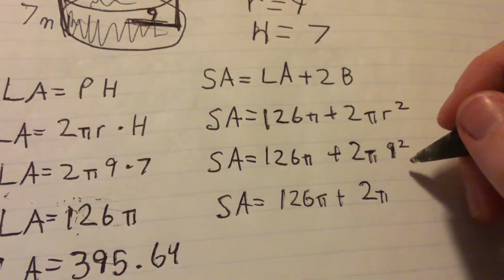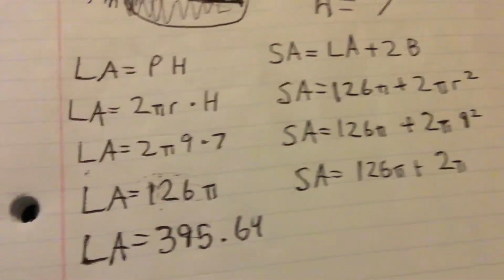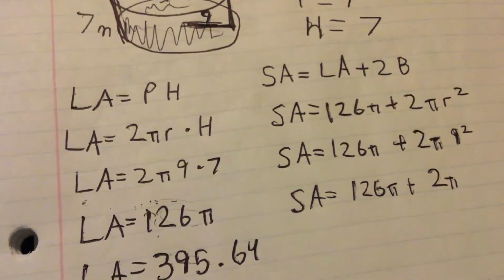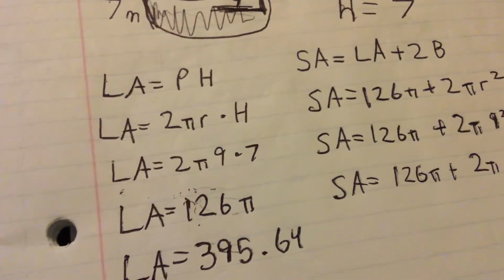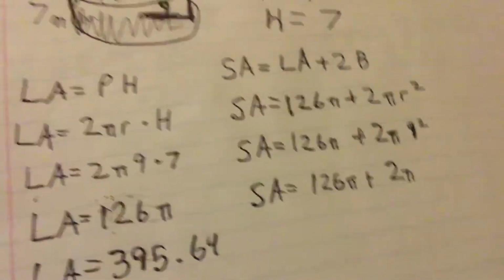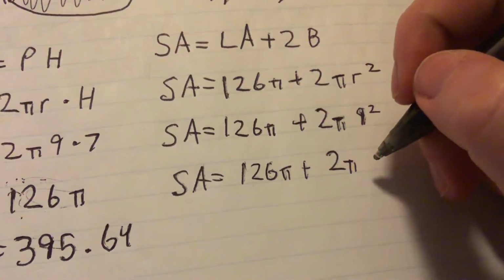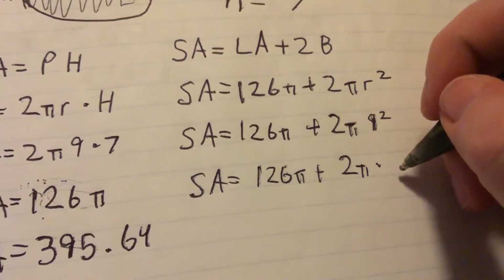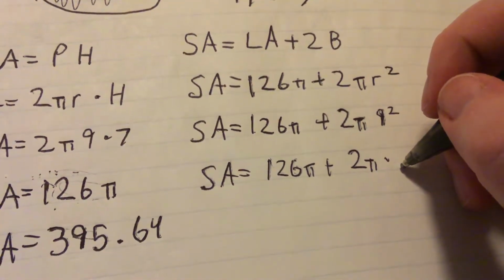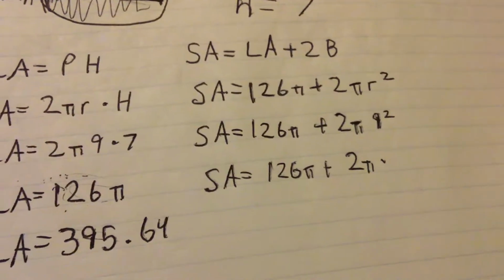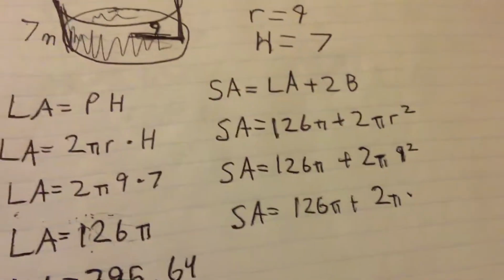So now we're going to figure out what 9 squared is. 9 squared is 49, I believe. Nine times 9. Ooh, that's wrong. Nope, okay.